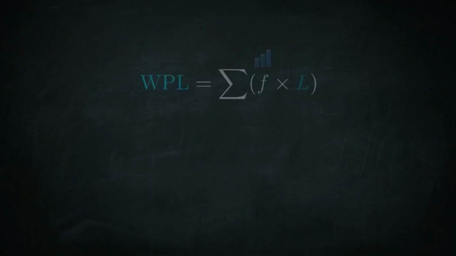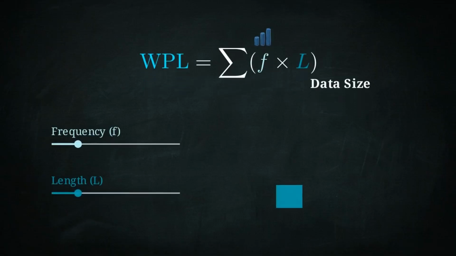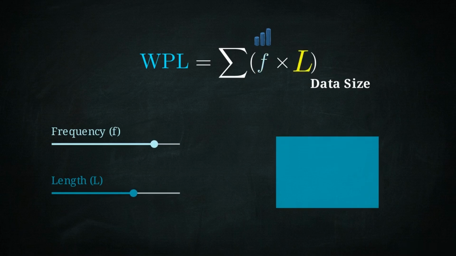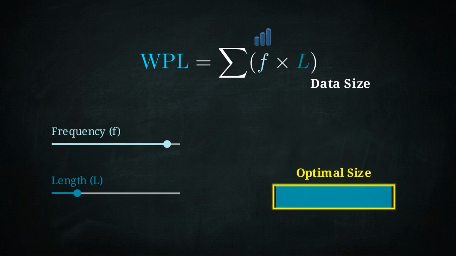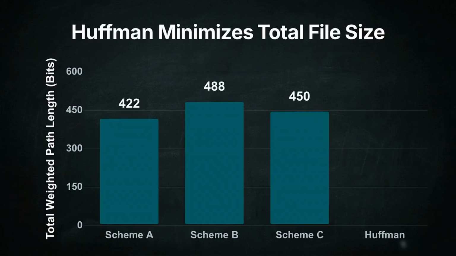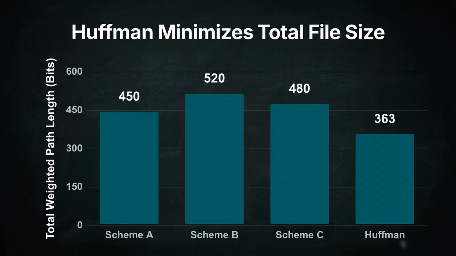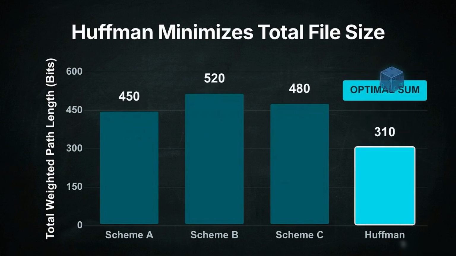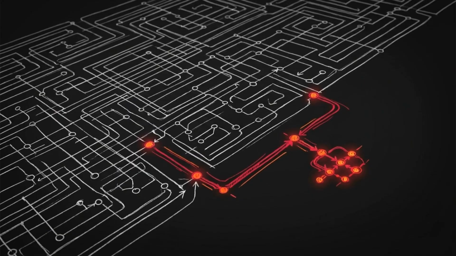This equation calculates that total energy, or total data size. It is called the weighted path length, the sum of each character's frequency multiplied by its code length. An optimal compression algorithm must minimize the final sum of this exact equation across all characters in a file. This presents a risk.